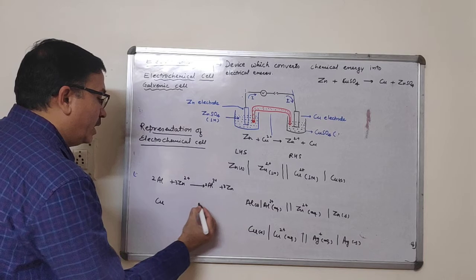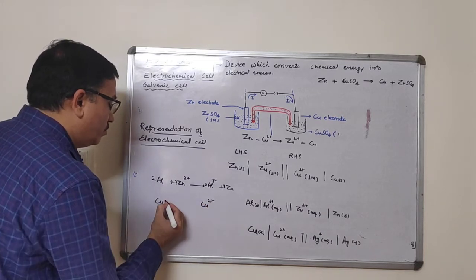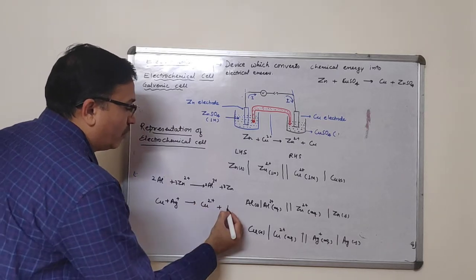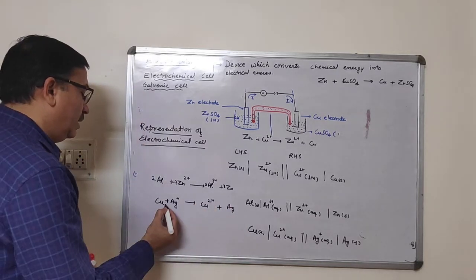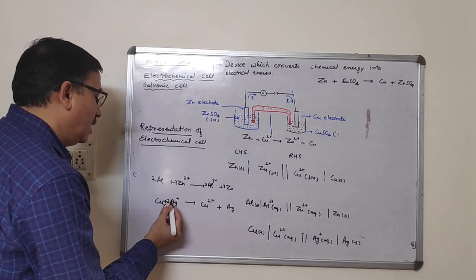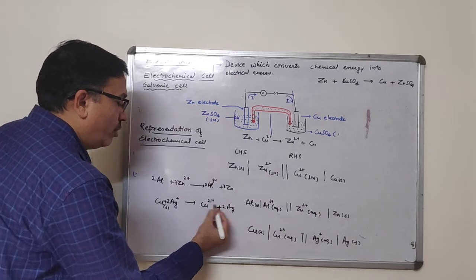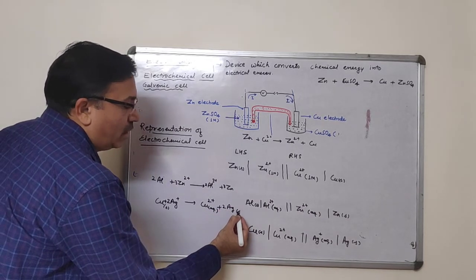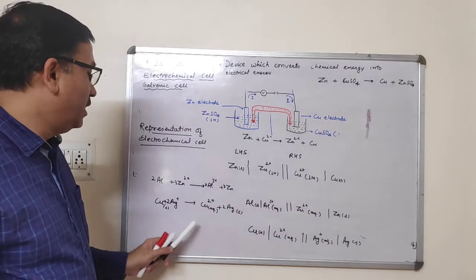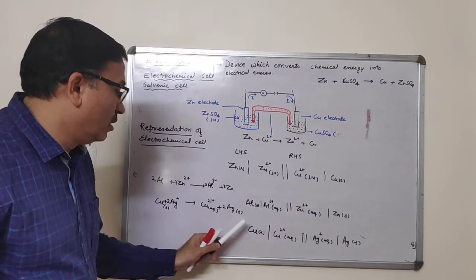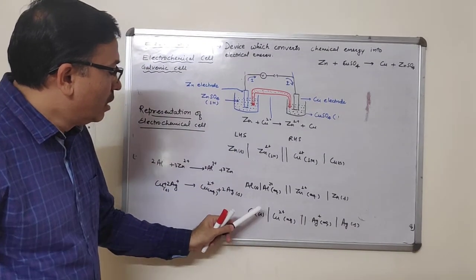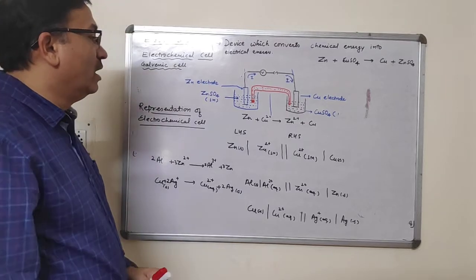Copper is converted into copper 2+, silver ion is converted into silver. And see, it is not a balanced equation. I have to balance the charge, so it should be 2, aqueous and solid, right? So this is how to represent an electrochemical cell, and how to write the cell reaction using the cell representation.